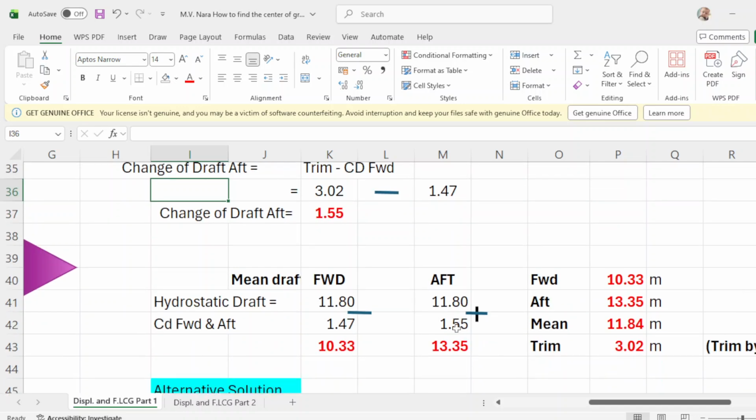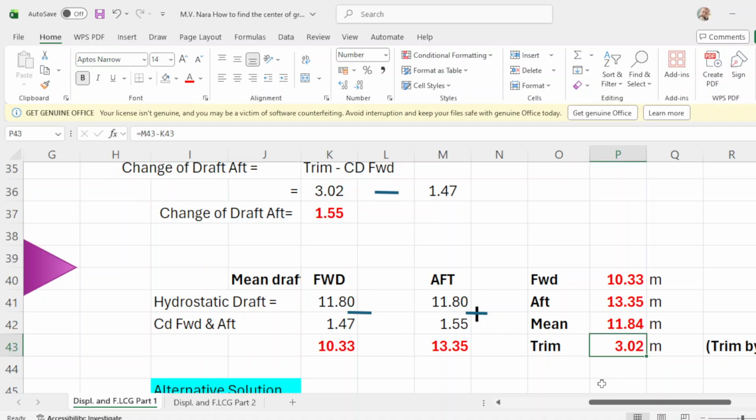You add this one with your draft of 11.80, that will be 13.35. 11.80 minus 1.47, that will be 10.33. Your trim will be 3.02. Okay.